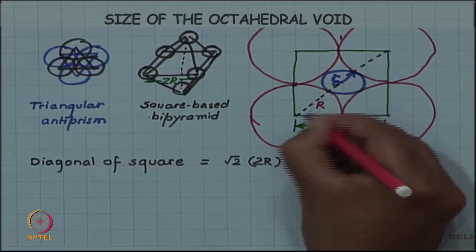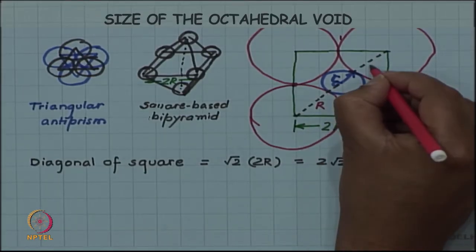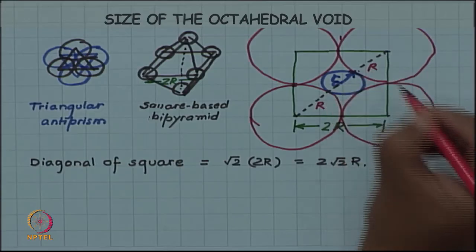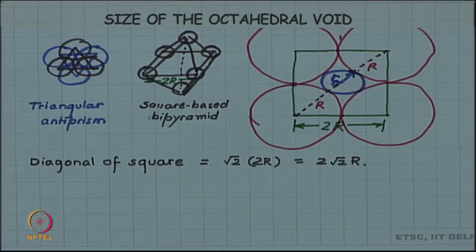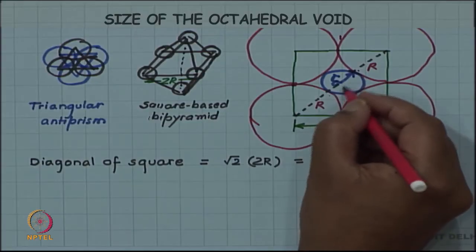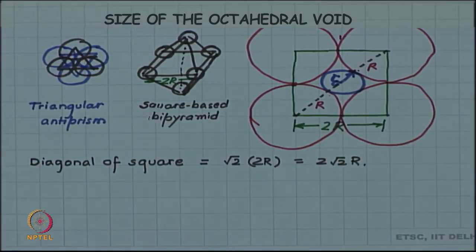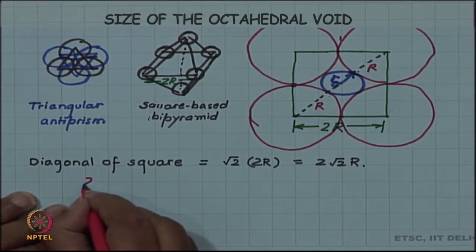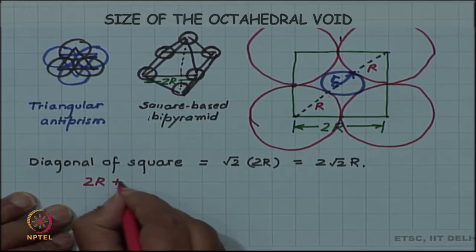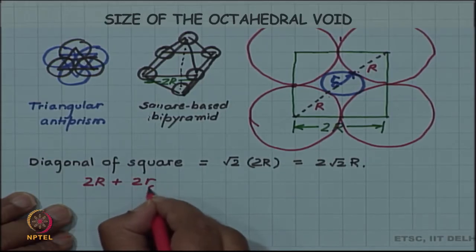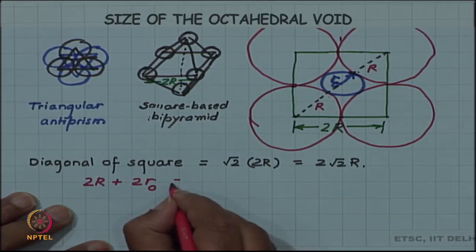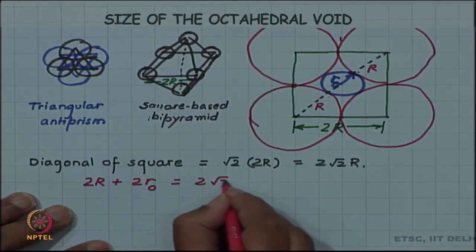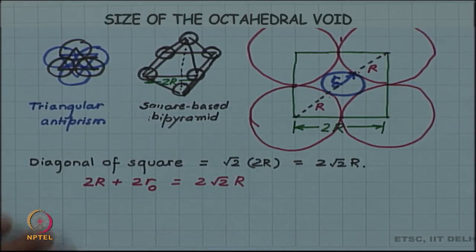my red sphere contributes a radius r from this corner and a radius r from this corner, whereas the central sphere, the one in the void, is contributing 2 r o. So, if I write that expression now, the diagonal of the square can also be written as 2 r plus 2 r octahedral, and this will give me 2 root 2 r. Once we realize this, it is easy to come up with a final result.